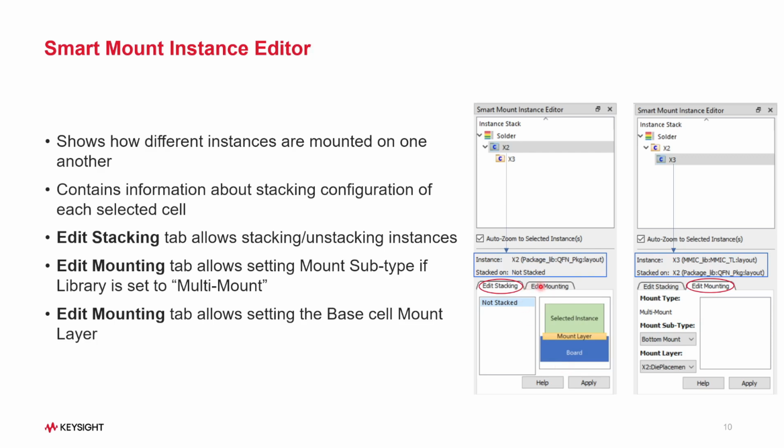The Edit Mounting tab for the selected instance contains the parameters: the mount subtype, which is going to be bottom mount or flip chip, and also the mount layer, which will be the mount layer for the base cell. Every time you select something, you need to hit Apply, and it will update the configuration.